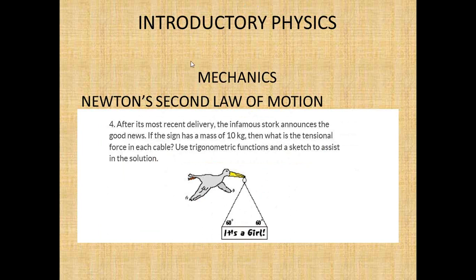The downward force is the mass times acceleration. So it's 10 times the acceleration due to gravity, which is 9.8, and that equals 98 newtons.